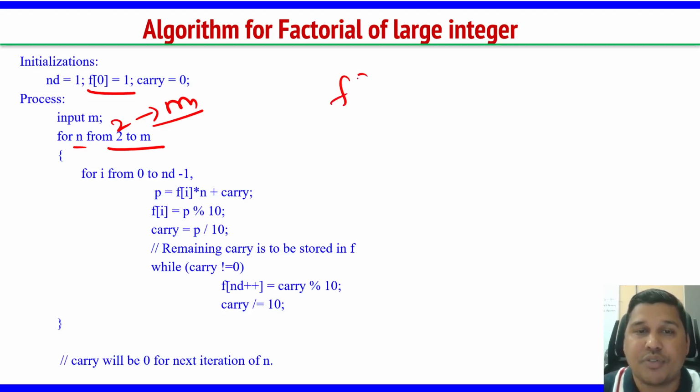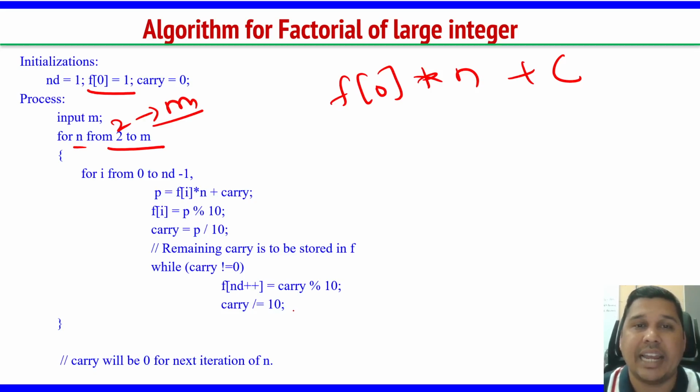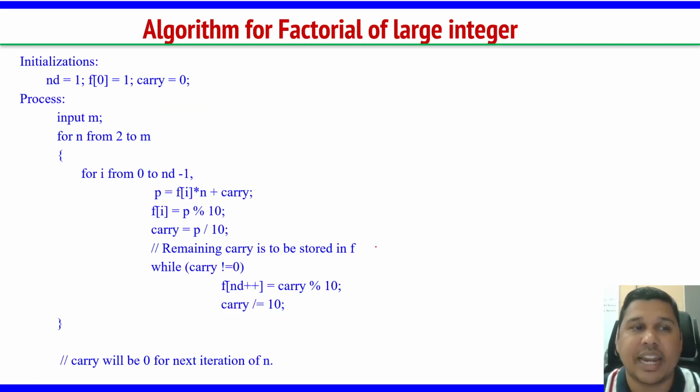Take the f of 0th element, multiply it with n and add with the carry. Repeat this procedure to fill the array, and at the end you have to print the array in reverse order. When you print the array in reverse order, you get the actual factorial value.